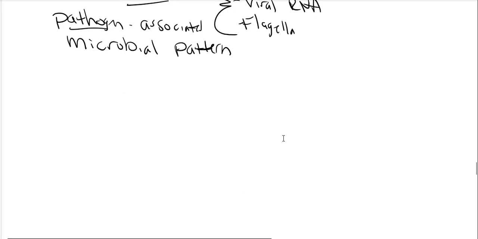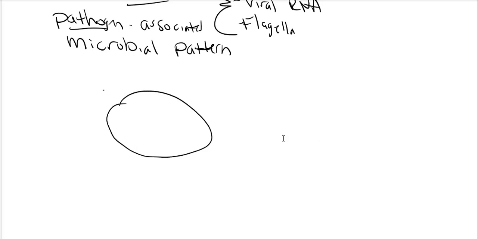I just want to show you a visualization of what this might look like. Here's a human cell, a human immune cell, and here are the toll-like receptors. These are on the outside of the cell. Now if a pathogen happens to get into the body, the toll-like receptor will recognize the specific PAMP.